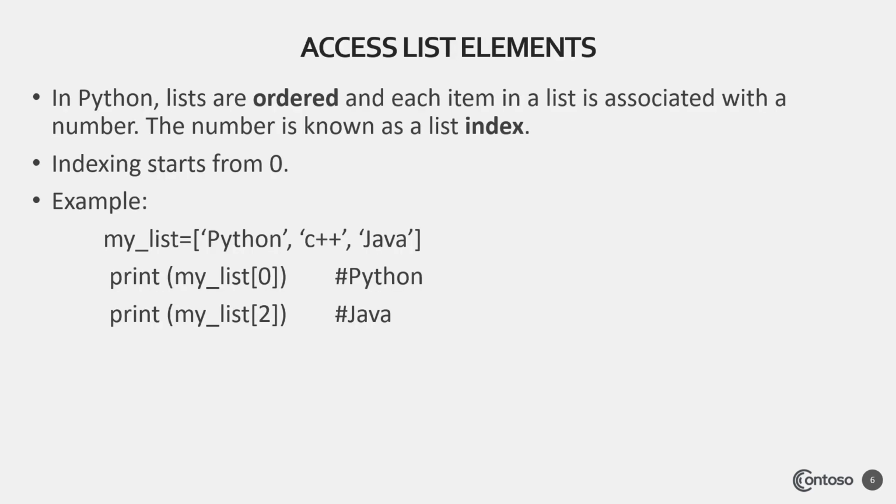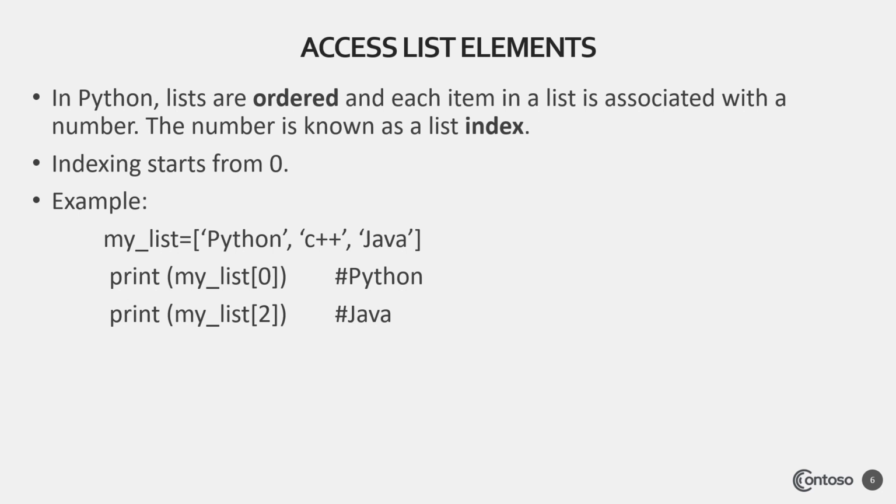So we can access elements in a list. Lists are ordered and each item in a list is associated with a number, and the number is known as the list index. Not only in the list, even in the tuple and dictionary, we follow zero indexing, which means that when there are n elements, the index starts from 0 to n minus 1.